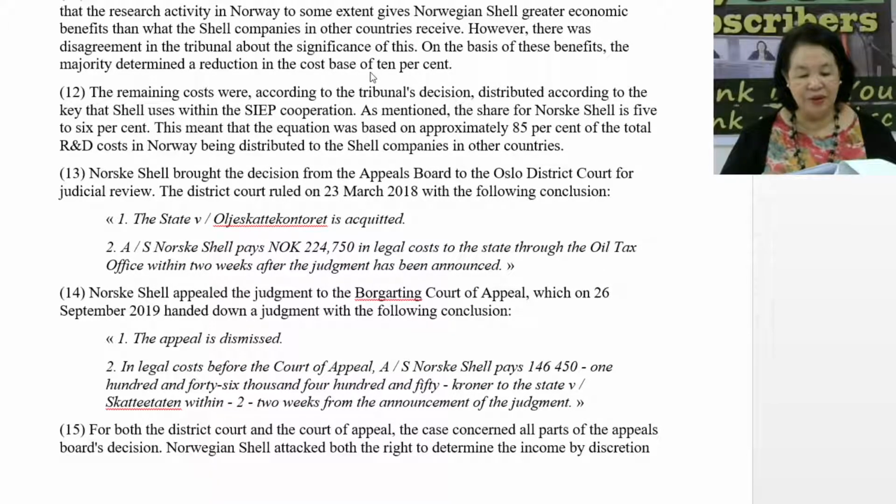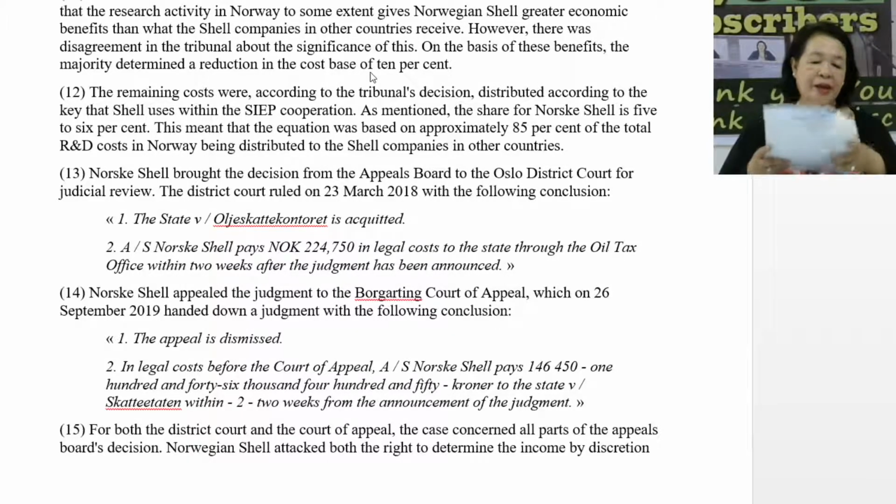In legal cost, before the Court of Appeals, A.S. Norske Shell pays 146,450, no? Kroner to state, kroner yan yung Norwegian krone, no? Yung pera ng Norway. To the state within 2 weeks from the announcement of the judgment. So nakadalawang talo na siya. Okay.